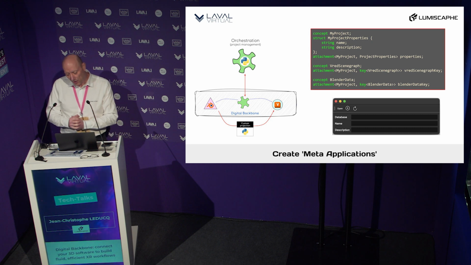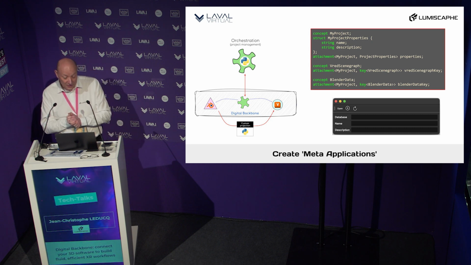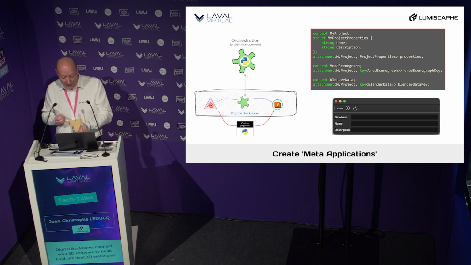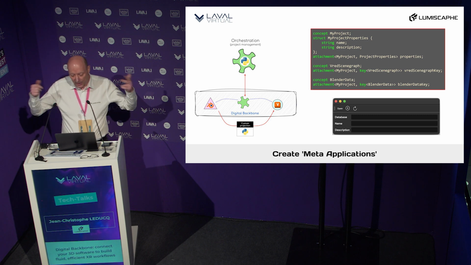Just here, an example of that very small application that is written in Python. This is just for the demonstration. We have created a very small application with the notion of project, and we describe the data structure of that application. You see, this is a description. We have developed a description language of the schema of the information. And you describe here my project with a name and description.